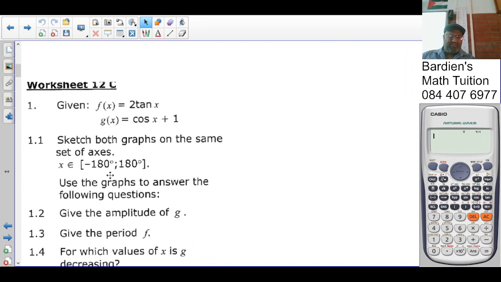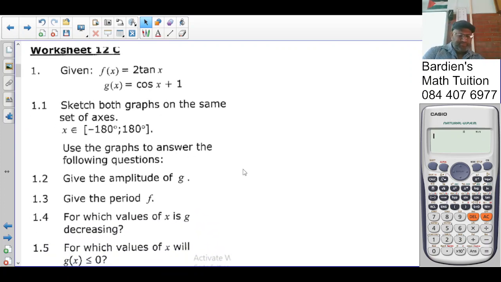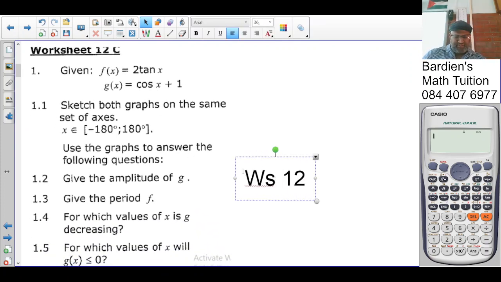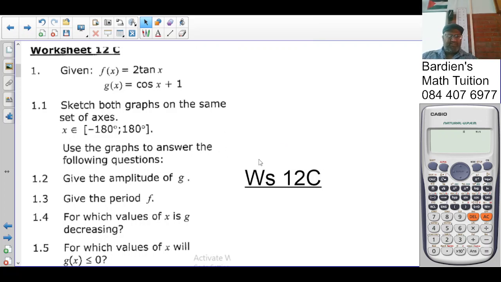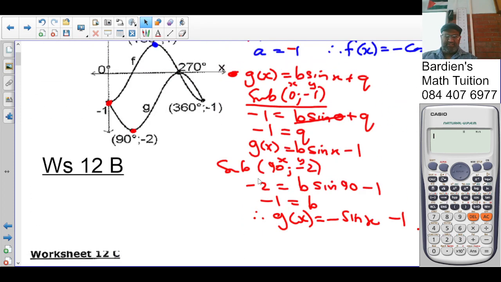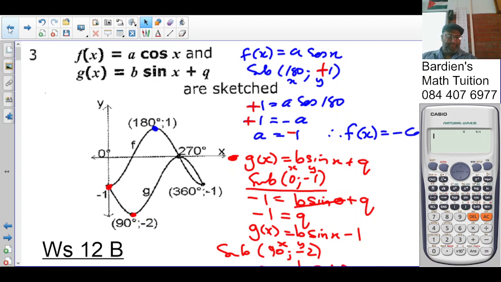You're on 12C? Yes. So worksheet 12C. It says sketch the graphs on the same set of axes. So we need an axis of symmetry.